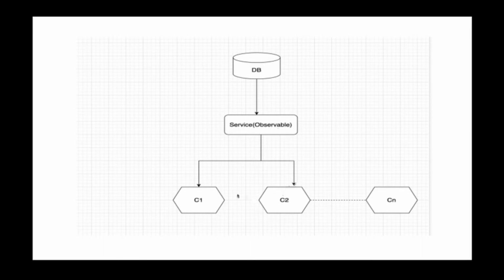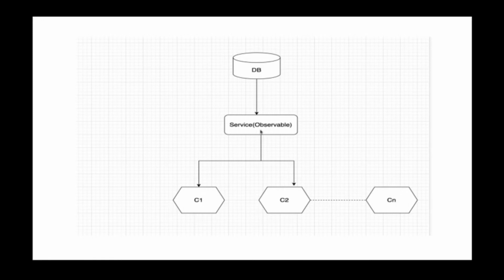If you can see here, C1 and C2 are both components. These two components are eligible to fetch the response from the DB because they have subscribed to that particular method which is present inside the service. But the component N is not eligible to fetch any response from the database because this component does not subscribe to any method which is present inside that service. So this is a complete overview of the observable.